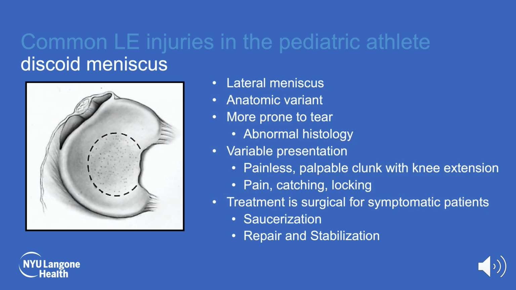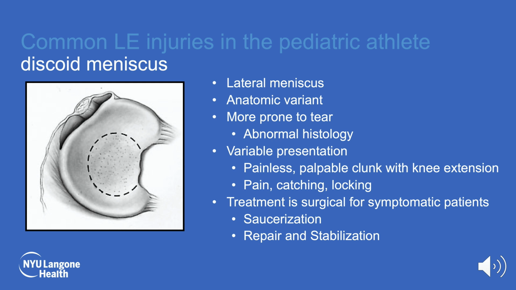Let's talk about the discoid meniscus, which I've already sort of mentioned. So it's almost always the lateral meniscus, although a handful of times a medial discoid meniscus has been reported in the literature. This is an anatomic variant. It is more prone to tearing because of its abnormal histology. So it's not only abnormal because it's a disc rather than a C, and then sometimes you can actually get the block-like where it's extra thick as well.